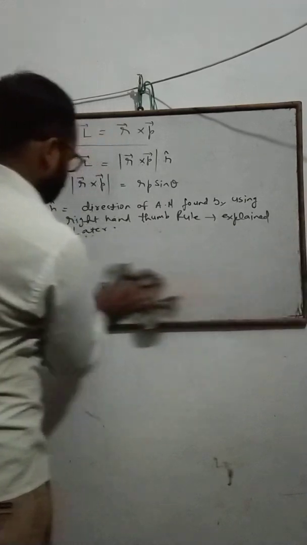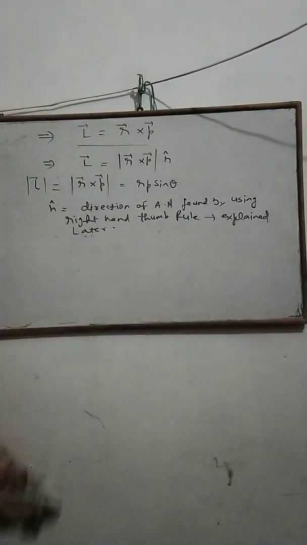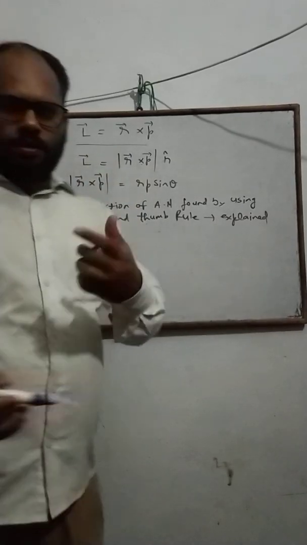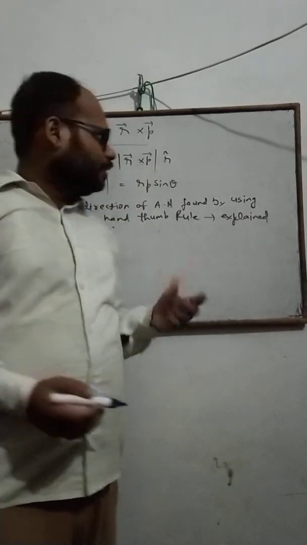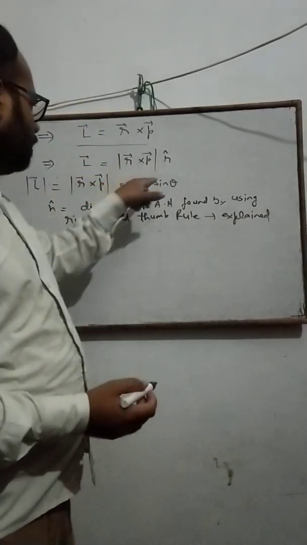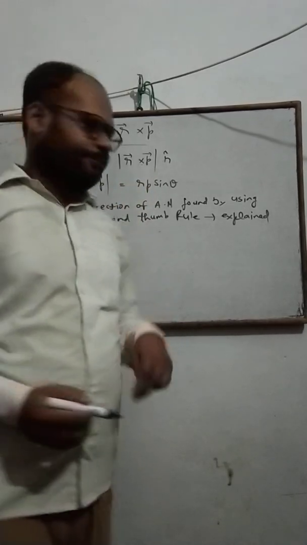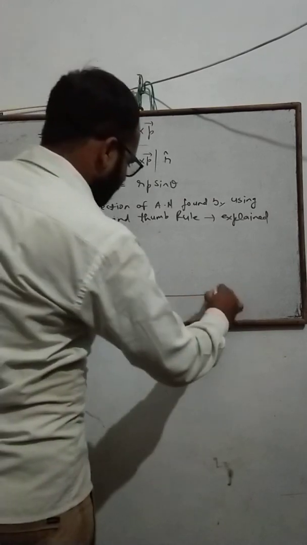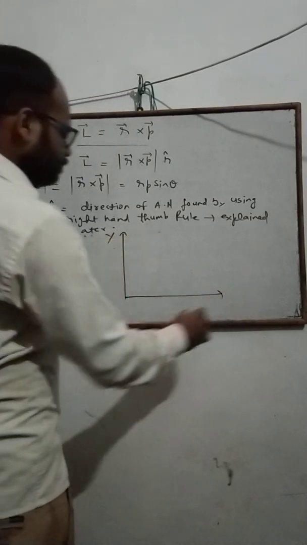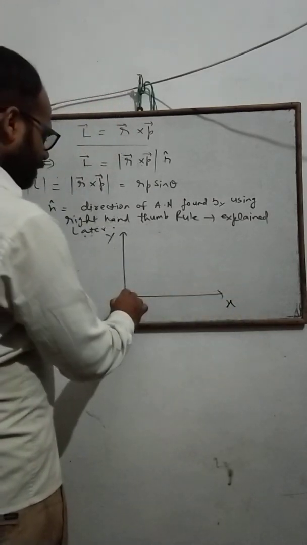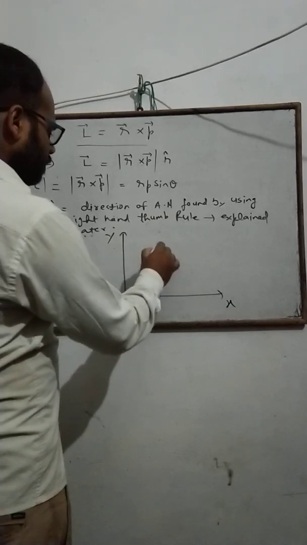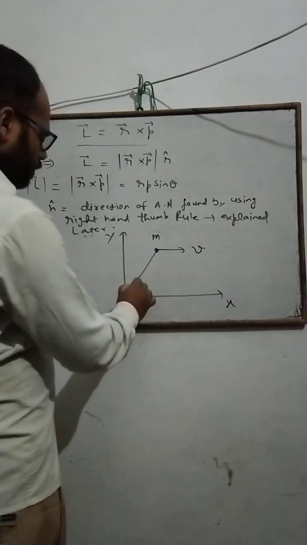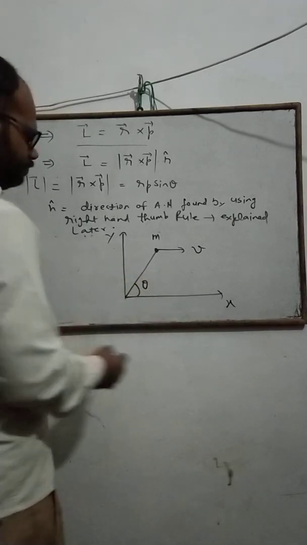Now understand the meaning of this formula and how it is applied. This is a Cartesian system, y and x. Let there be a point mass m moving with speed v. Let this angle be theta.